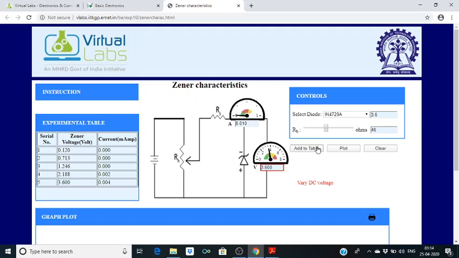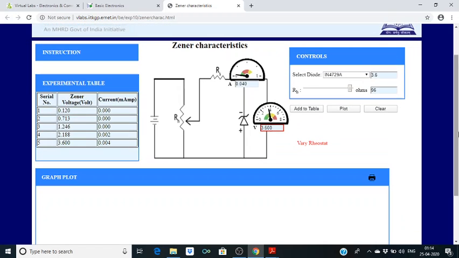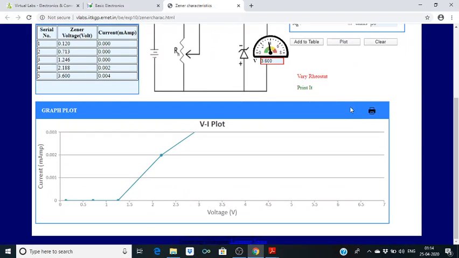So increase like this. It is in breakdown. So increase, and now plot.